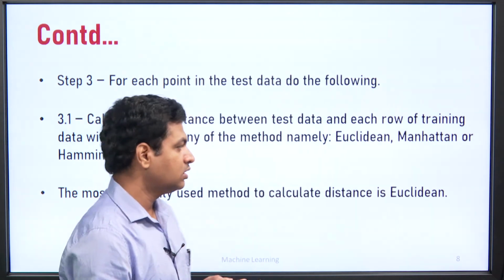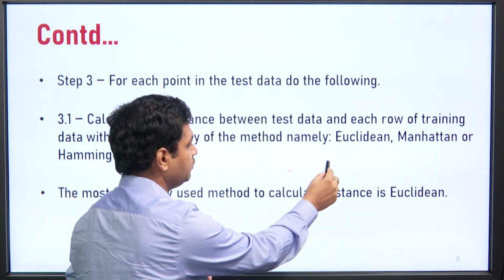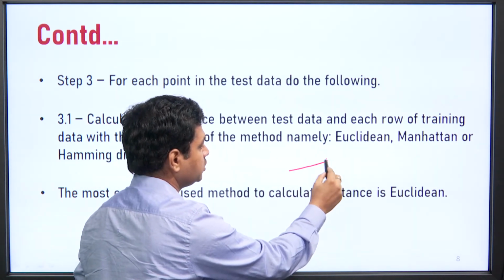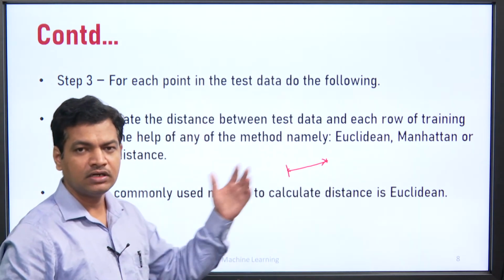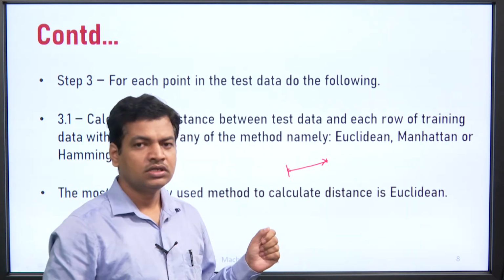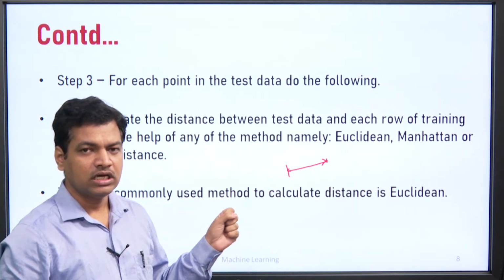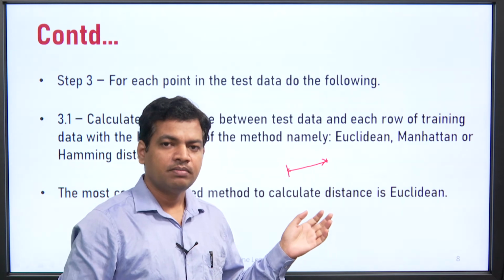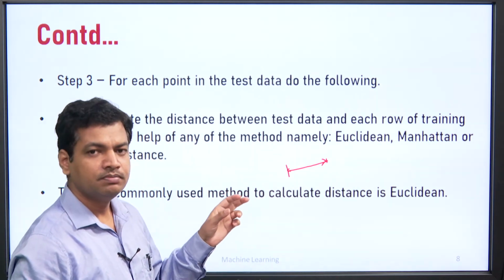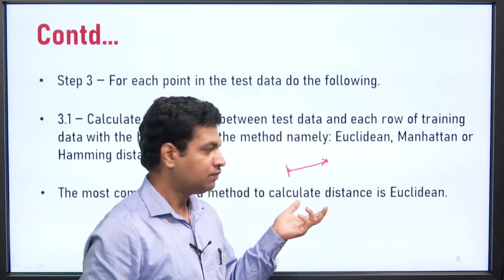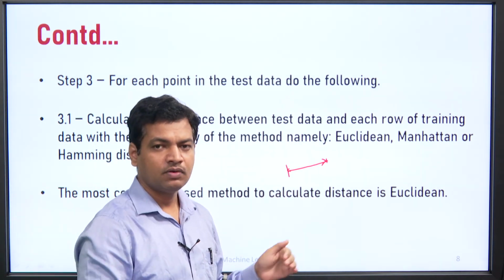So, there are 2 points and we need to calculate the distance between the 2 points. For that there are several formulas. One is the Euclidean distance calculation. Similarly, there are the Manhattan formula and the Minkowski formula for calculating the distance from one point to another.